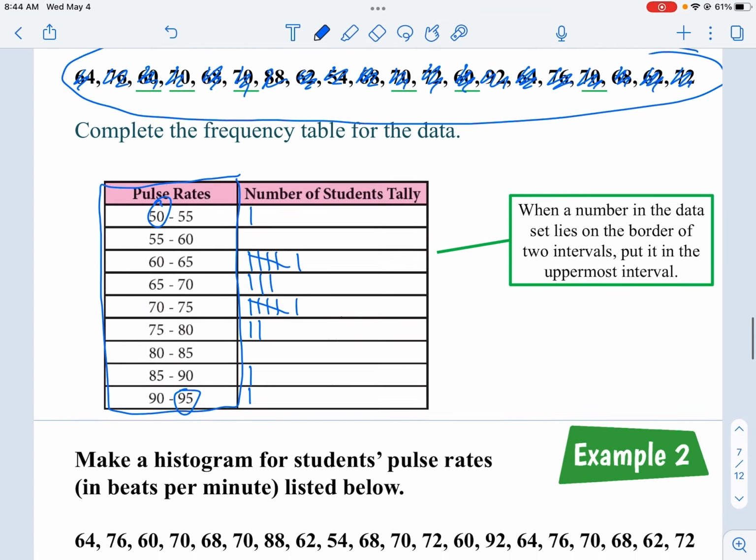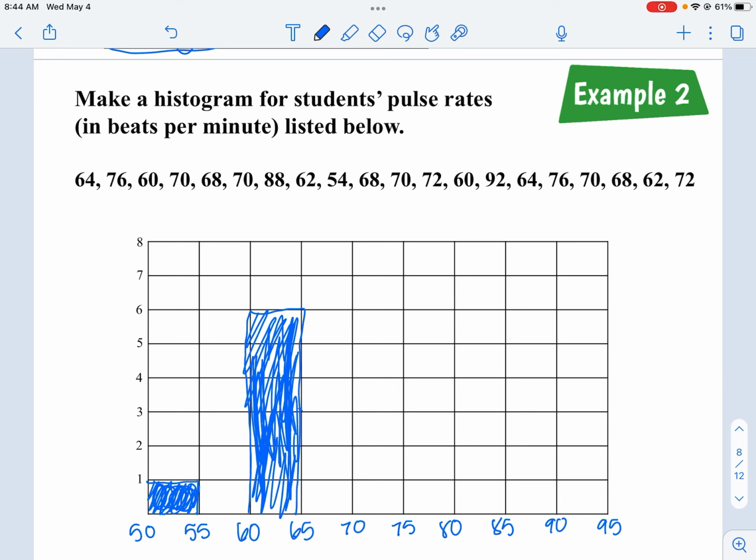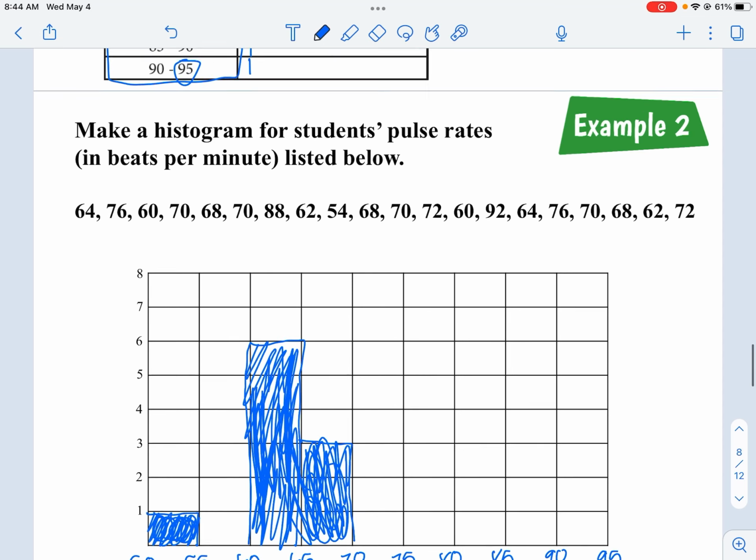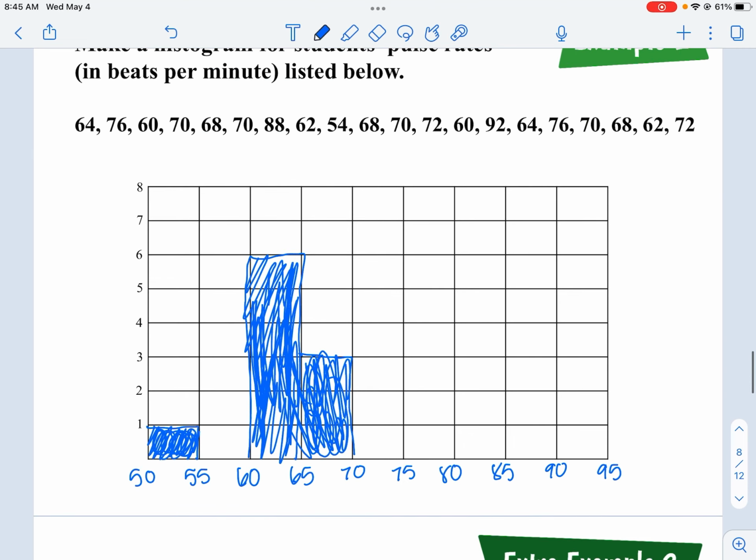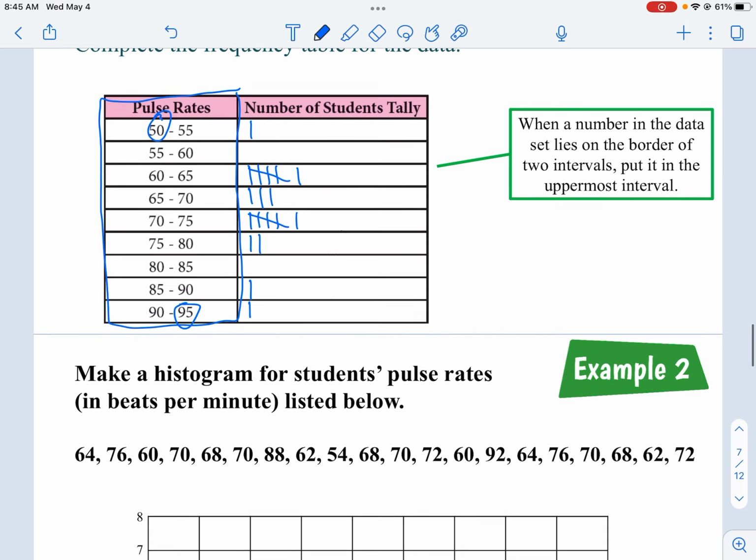Then 65 to 70, there's 3. 70 to 75, there's 6. So it should be at the same height as 60 to 65. Okay. Again, yours should look a lot prettier than mine.